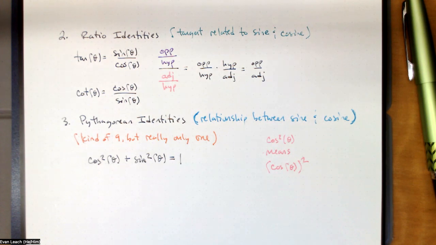Cosine squared theta means the square of the cosine of theta. We want to avoid writing all these parentheses. We don't want it to look like we're doing the square of theta and then the cosine of that.